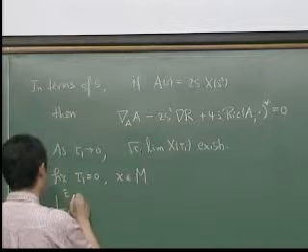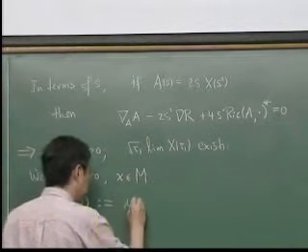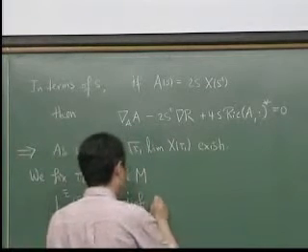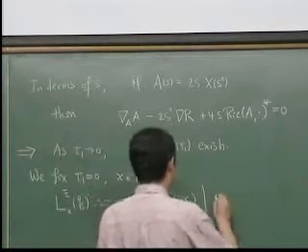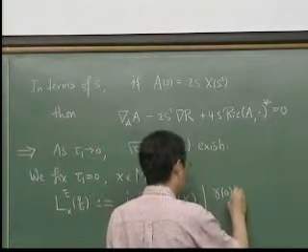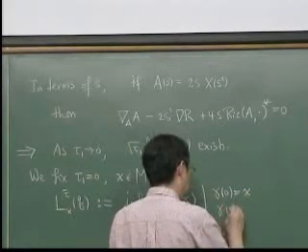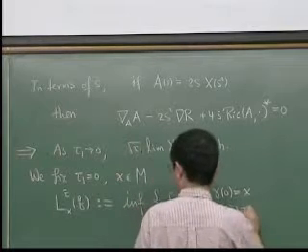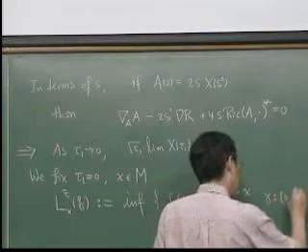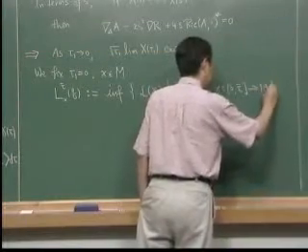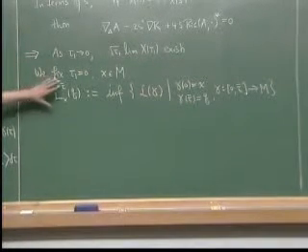So L of Q is defined to be the infimum of all L of gamma, where gamma of 0 is x and gamma of tau bar is Q. Okay, so I take the infimum of this.